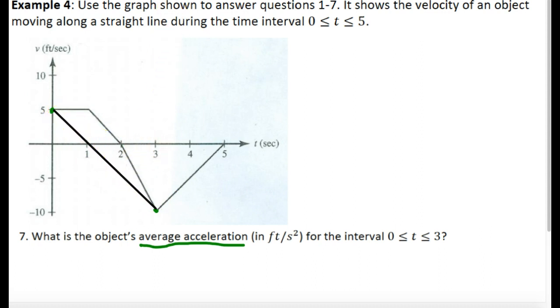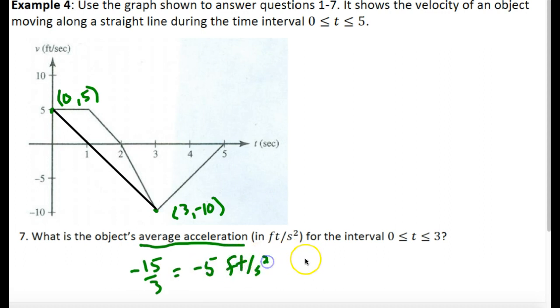That will give me my average acceleration. So I've got the point 0, 5 and the point 3, negative 10. So the slope between these 2 points, I would be going down 15, right 3. So negative 15 over 3 equals negative 5 feet per second squared. So that is my average acceleration on this interval.